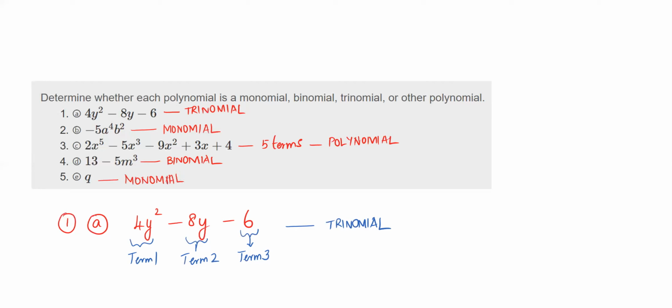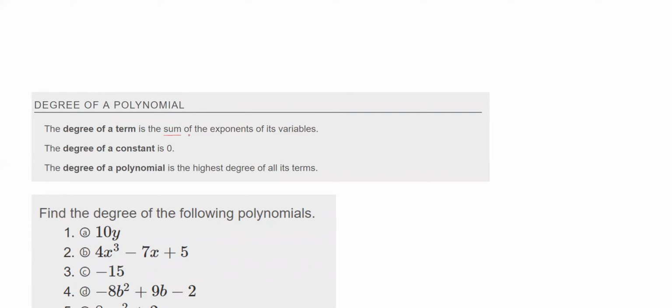Next, we need to understand the degrees of a polynomial. The degree of a term, right? Degree of a term is just one part. It's the sum of the exponents of its variables. Only the variables, only the letters that have powers, we have to add them up, okay? For a constant, right? A constant is a number.